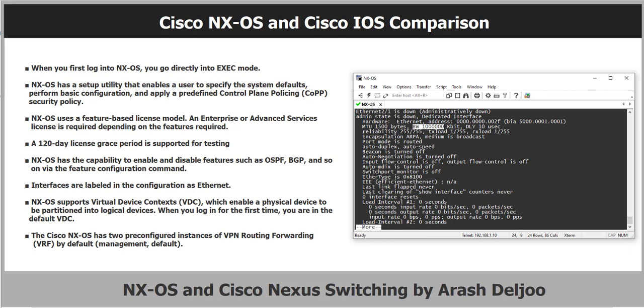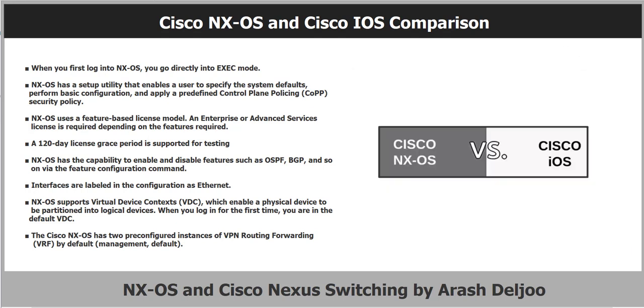Okay, it is obvious. And after that, NX-OS supports virtual device context or VDC, as I mentioned in the previous video, which enables a physical device to be partitioned into logical devices. When you log in for the first time, you are in the default VDC. Don't worry about the details of VDC, I only want to explain about Cisco NX-OS and the differences between this version of OS and Cisco IOS.